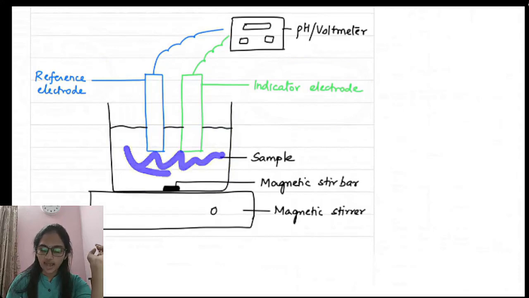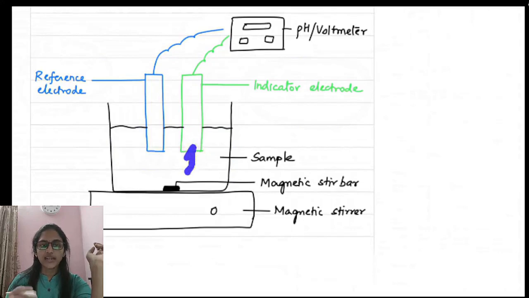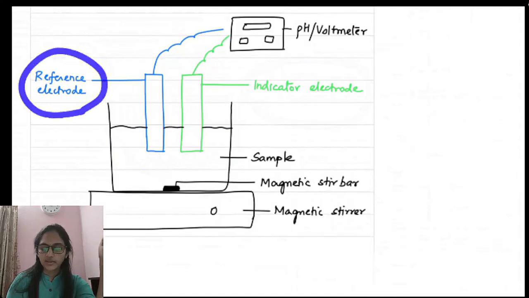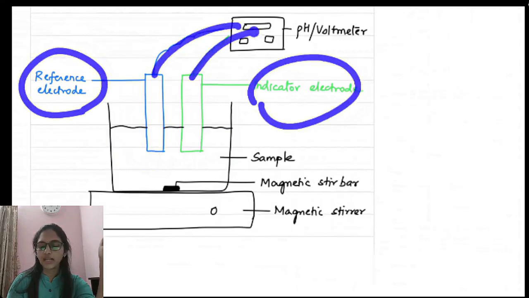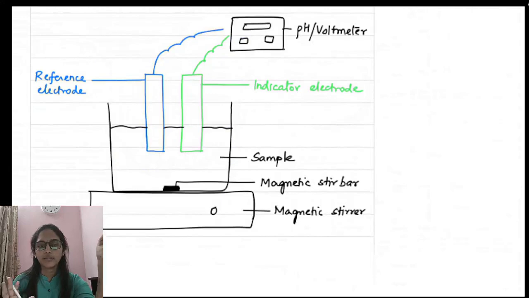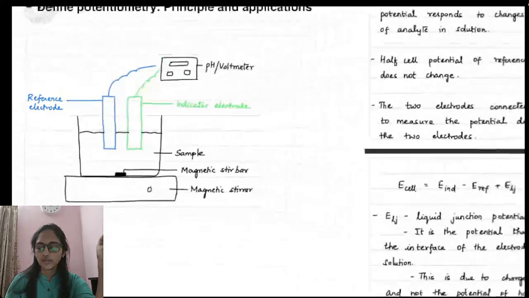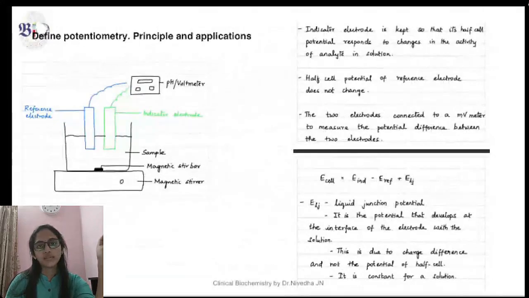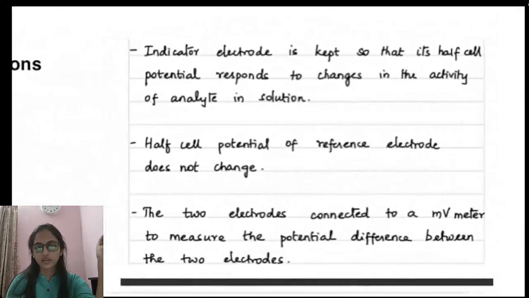So I will have a membrane in the indicator electrode that will specifically react with the ions which are present in the sample and it will bring about some electrochemical reaction. Now I will compare that with the reference electrode and these two are connected to a voltmeter. With the help of this, I will find out the potential difference and with the help of that, I will be able to calculate the concentration.